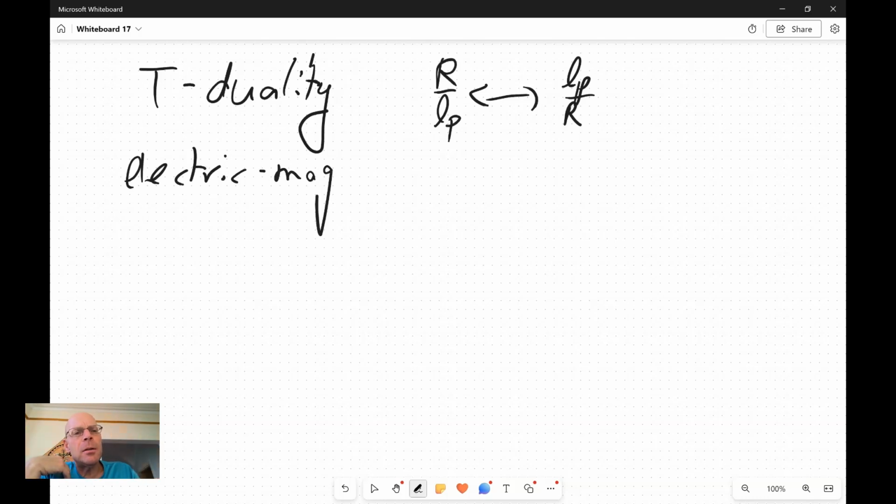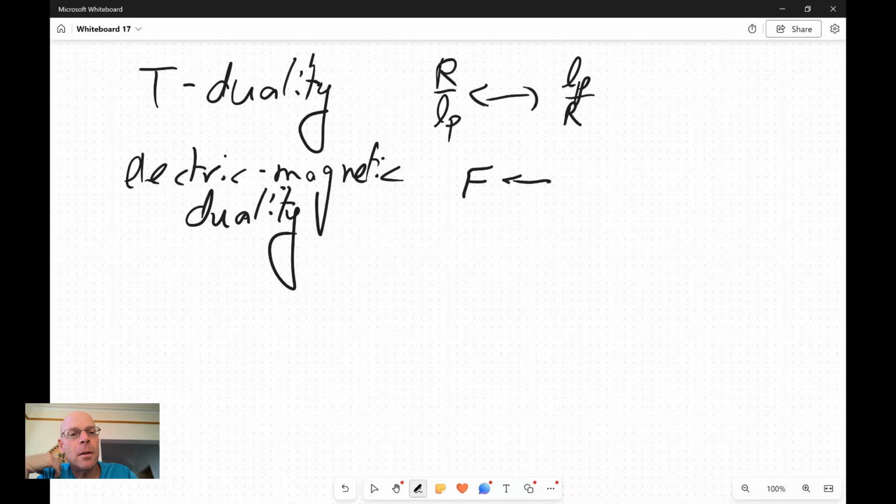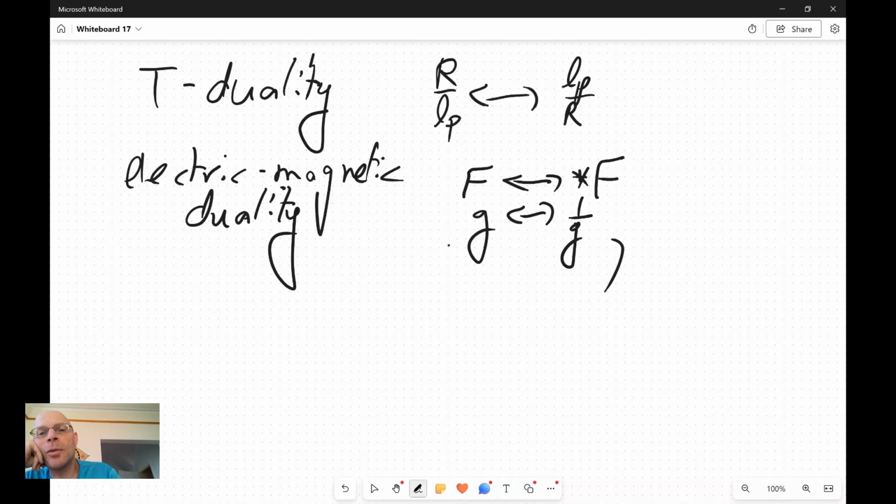Another duality which is familiar, maybe more familiar to you, is electric-magnetic duality, where the field strength F is dual to star F, with coupling going to 1 over coupling.